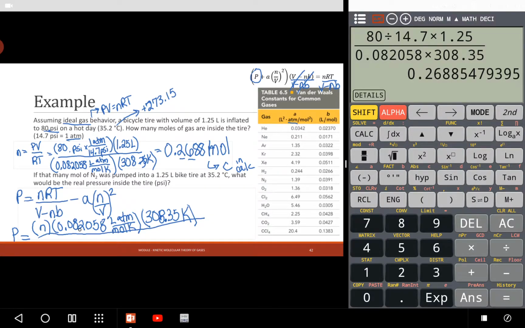And then that's going to be over my volume, which is 1.25 liters, minus my n times b. This is nitrogen gas, so I have to look up my nitrogen gas constant. My b is going to be 0.0391, and the units on that are liters per mole.